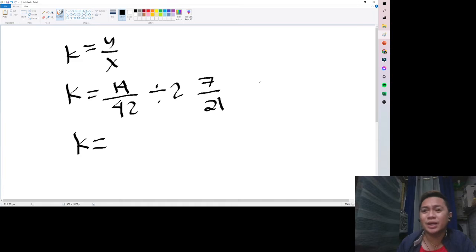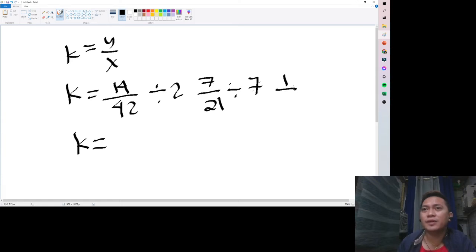Okay? So, pwede na ba natin ma-divide pa yan? Ma-lowest term pa? Yes. Pwede pa natin siya i-divide into 7. Okay? So actually we can simplify into 14 agad, pero kung medyo baguhan pa tayo sa pagdi-divide or pag-simplify, simulan mo sa 2 followed by the other numbers kung saan siya mas applicable. So pwede pa siya i-lowest term into 7. 7 divided by 7, that is equal to 1.